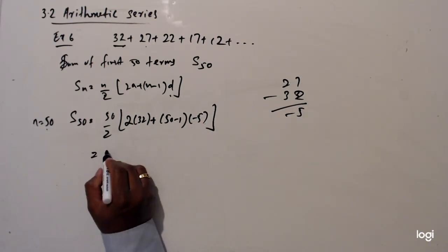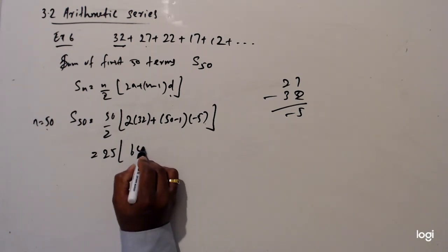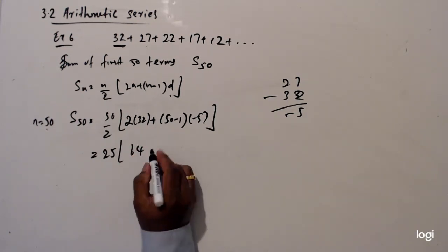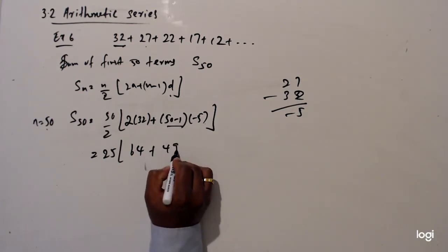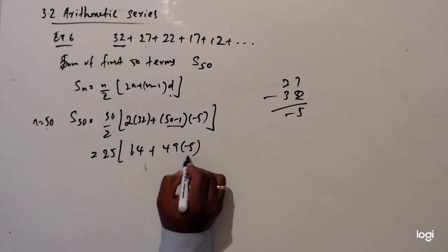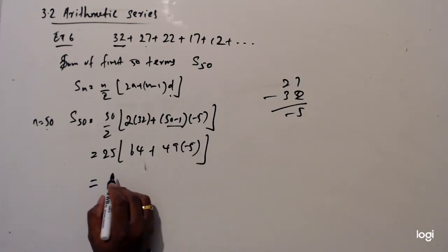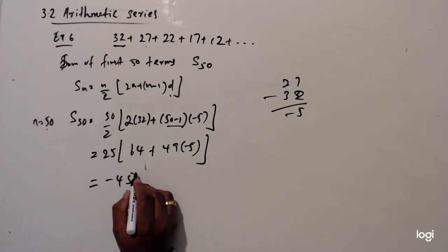So we have to solve now 25 times (64 plus 49 times minus 5). When you solve this one, you should get the answer as minus 4525.